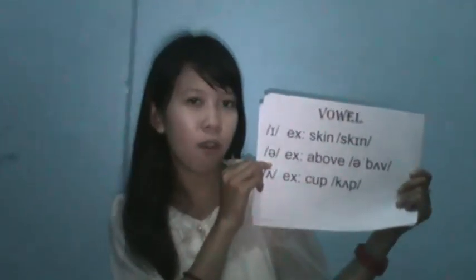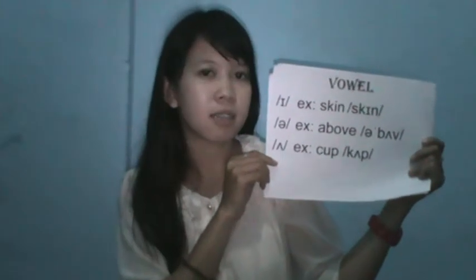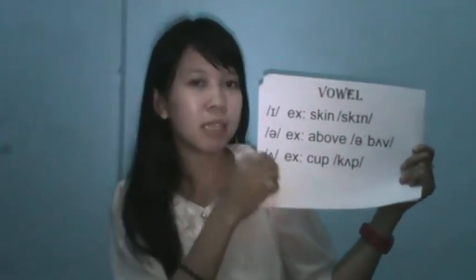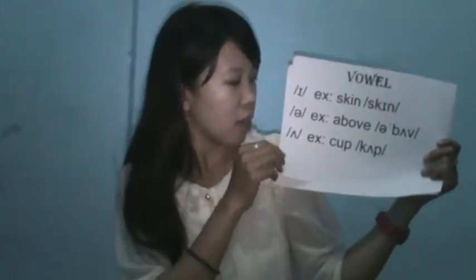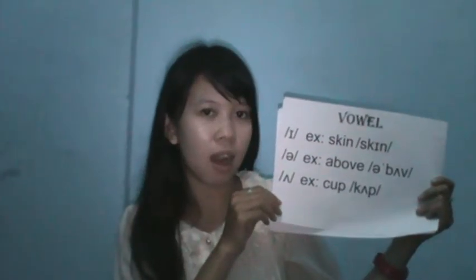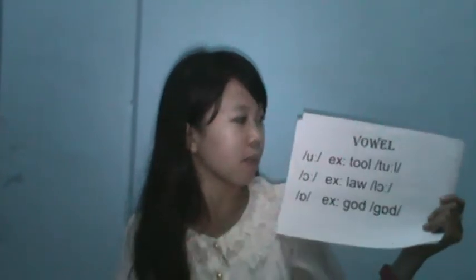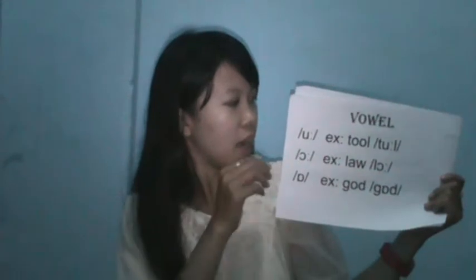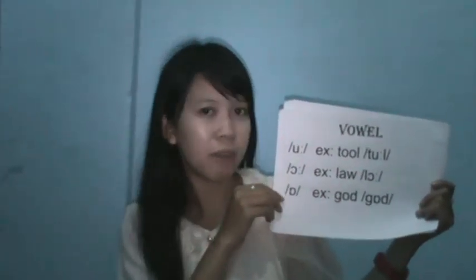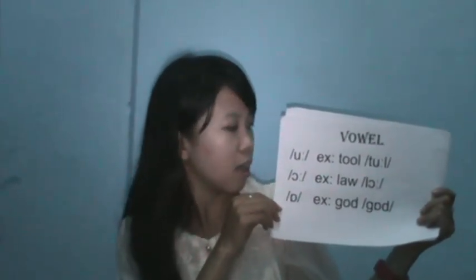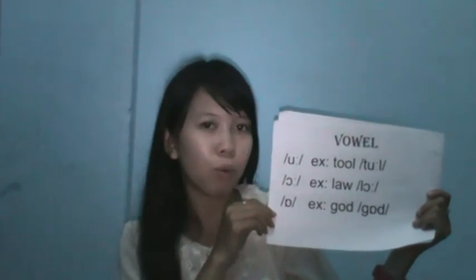The second vowel is the schwa. For example, above. The third is the uh sound. For example, cup. And then still in the vowel is the oo sound.